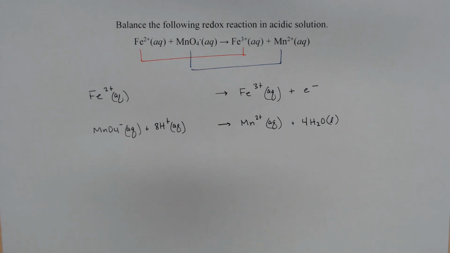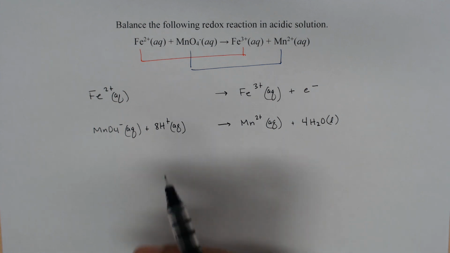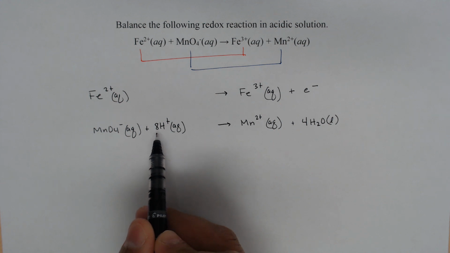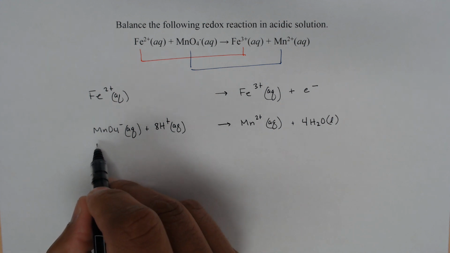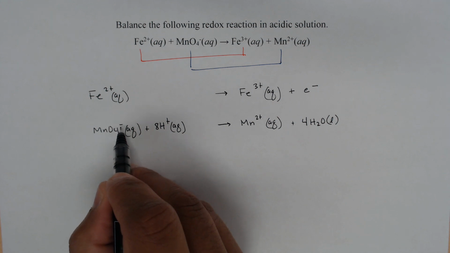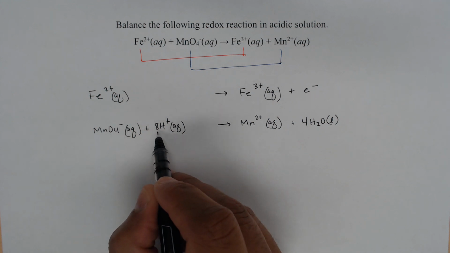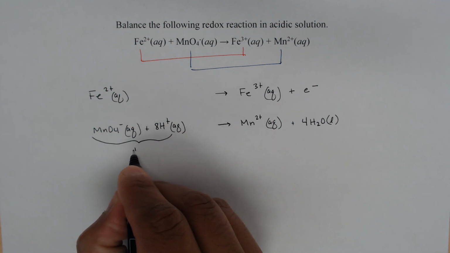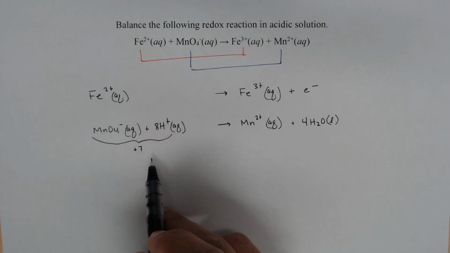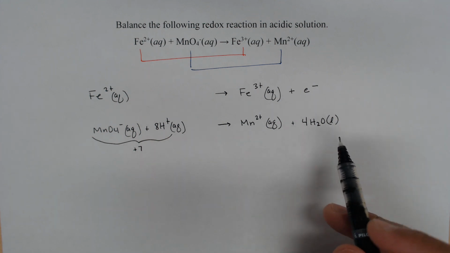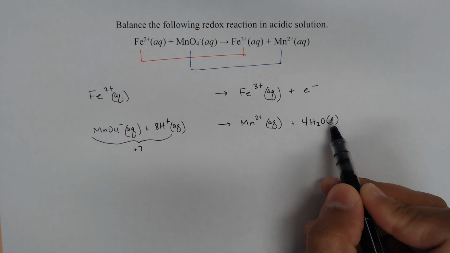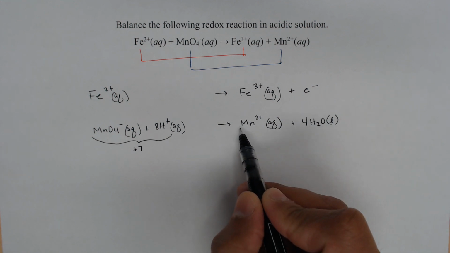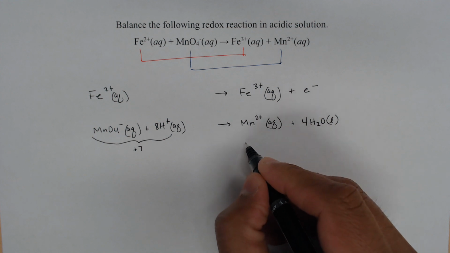So now all the atoms are balanced. What remains is to balance the charges. One of the things you'll notice here is that the charges are not balanced. 1 mole of permanganate is a negative charge, and 8 moles of H plus gives us 8 positive charges. So just doing a little count here, there's a plus 7 on the reactant side. On the product side, 4 moles of water are neutral, and we have 1 mole of the manganese 2 plus.